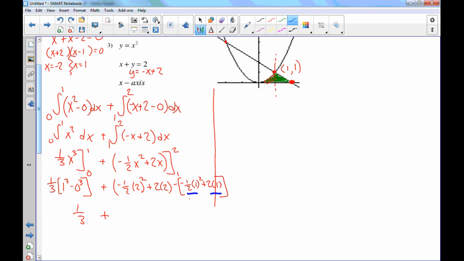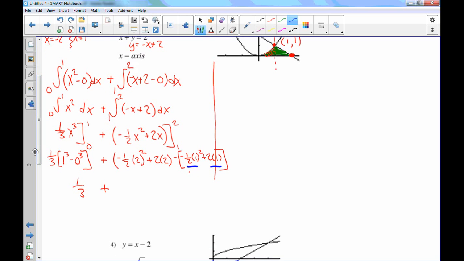Both of these need to be subtracted, so you can either change both signs or put it in parentheses or brackets so that you are subtracting both. So let's see, 2 squared is 4, divided by negative 2 is negative 2, plus 4, minus, well actually it'll be add 1/2 minus 2.